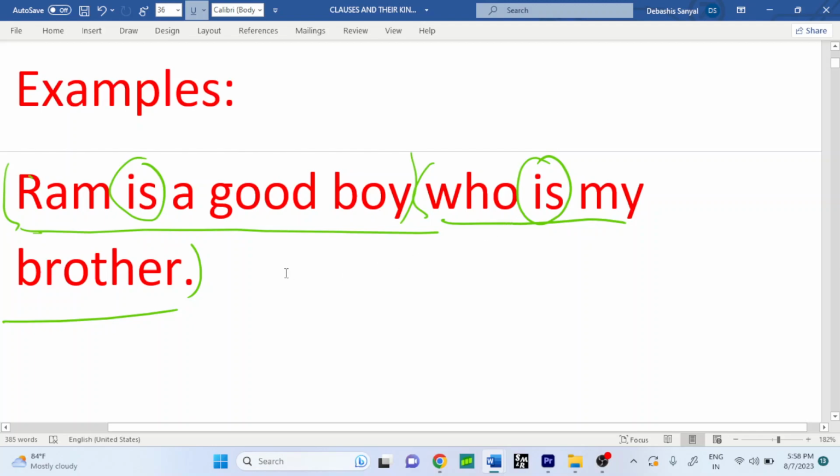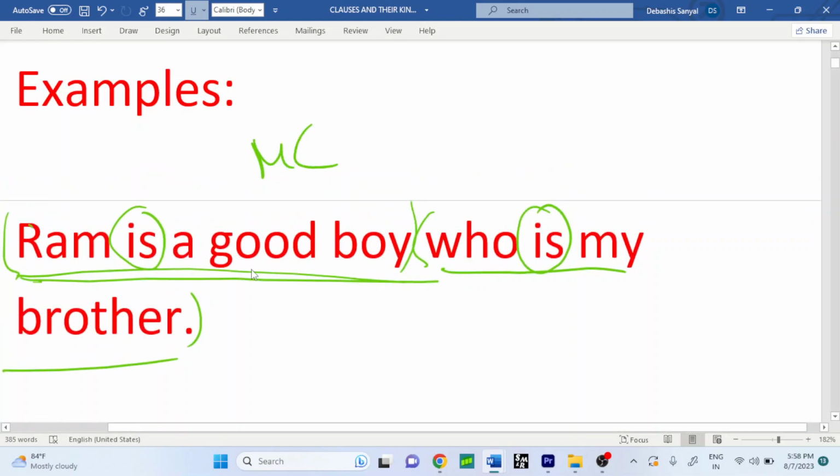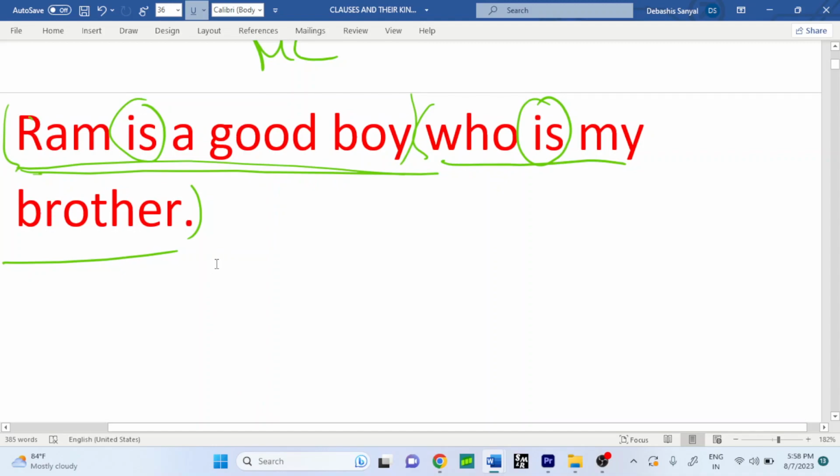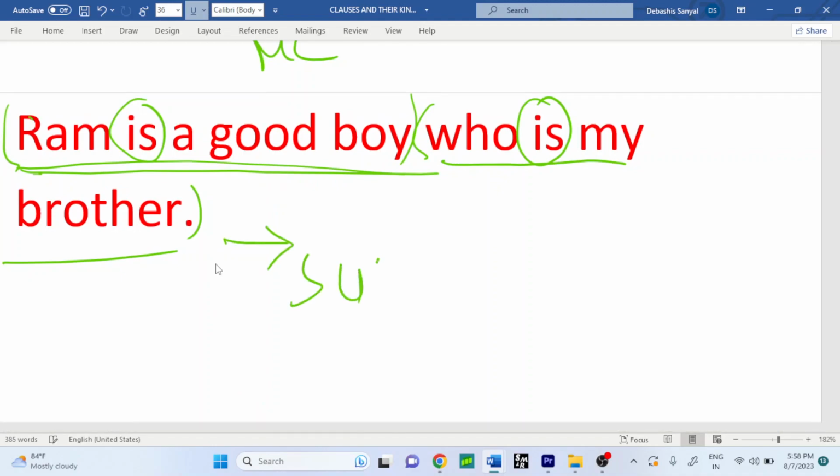"Who is my brother" is also a group of words having a finite verb. "Ram is a good boy" can express its meaning by itself, so the underlined portion is the main clause. "Who is my brother" is totally dependent on the main clause, so it is the sub clause.